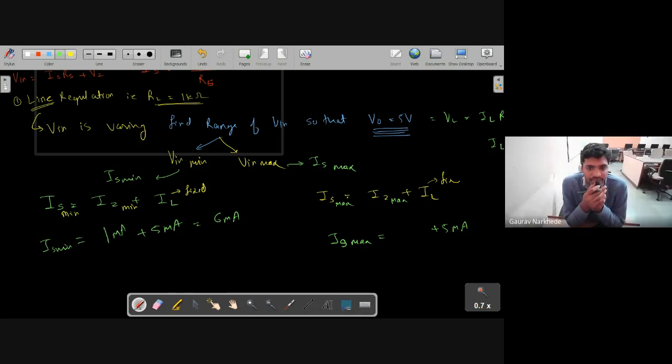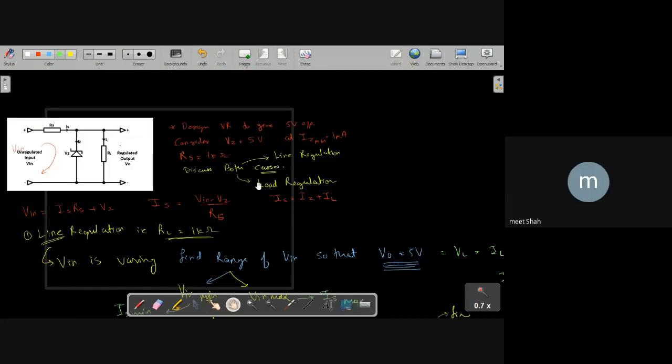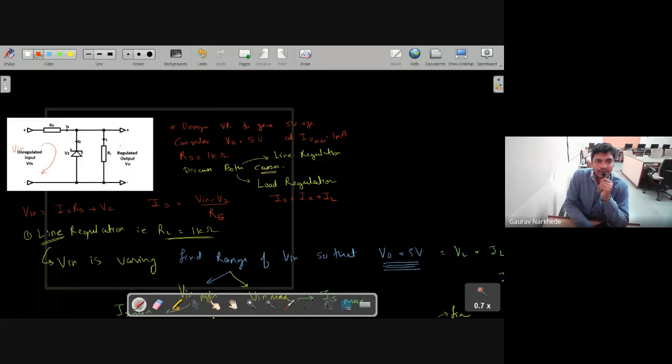IZ maximum is needed. Maximum is not given, sir. Maximum is not known. Okay, so let us keep it as unknown, and IZ max is 40 milliampere. Is it okay?